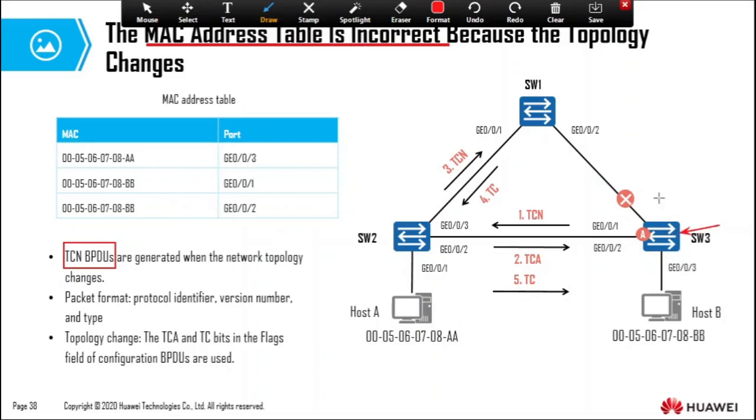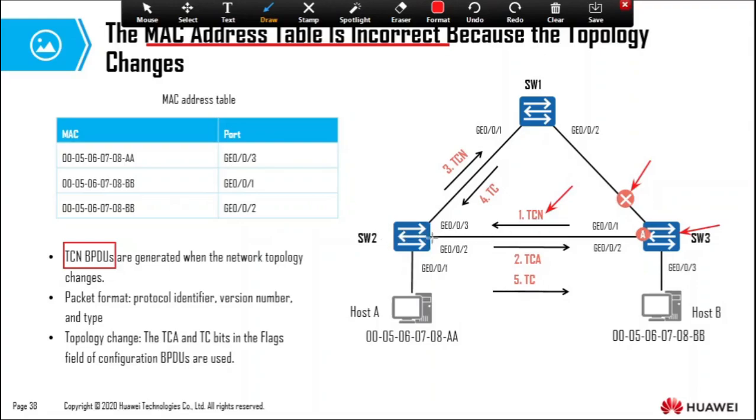So S3 detects that this link has gone down. So immediately it sends out a BPDU with the TCN field set to 1.